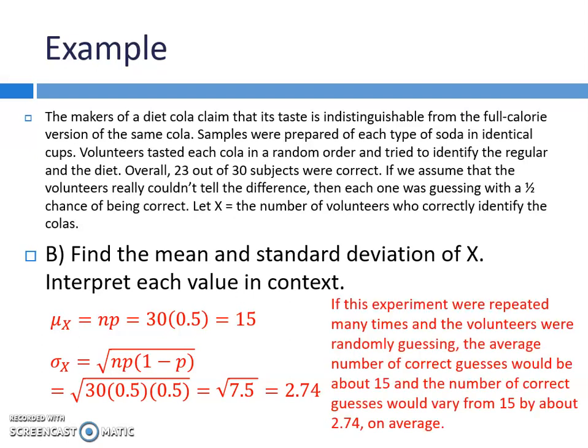If this experiment were repeated many times and the volunteers were in fact randomly guessing, the average number of correct guesses would be about 15, and the number of correct guesses would vary from 15 by about 2.74 on average. So that's kind of combining the interpretation of both mean and standard deviation together.